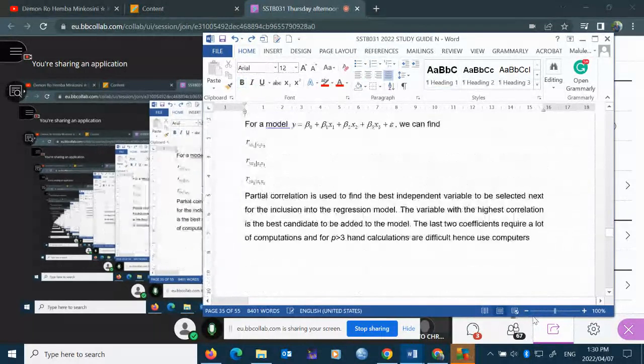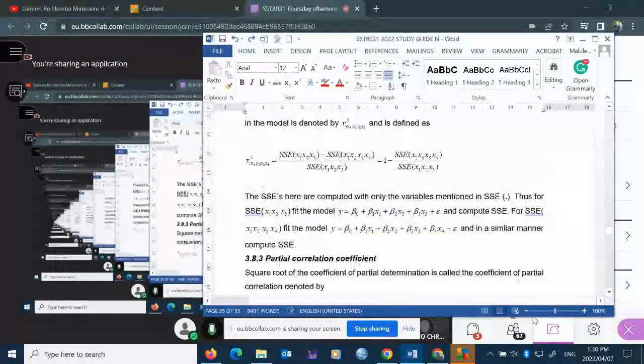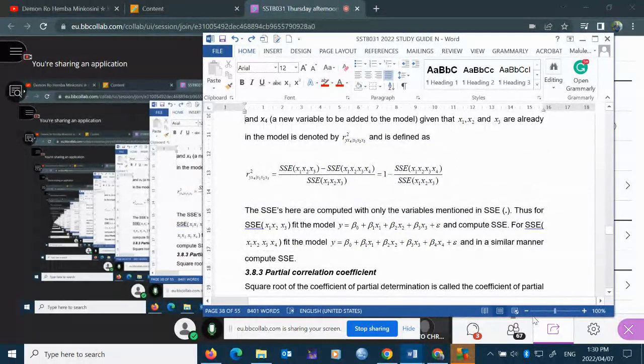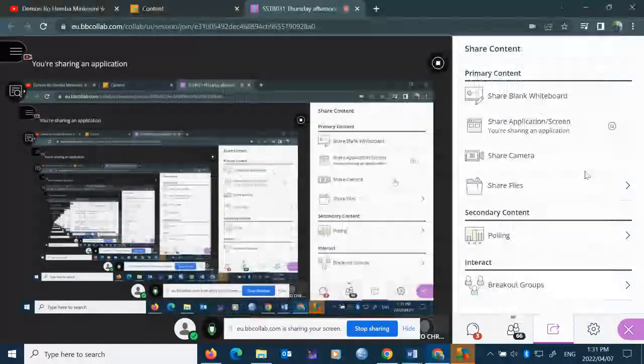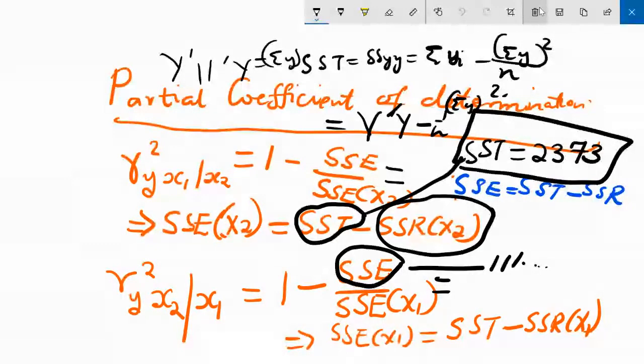You are right, where you can use SSR, but I feel it will end up confusing you, because this we can change to what we are saying, but I suspect at the end of the day it can confuse you. So I cancel this. Let me minimize it and share the screen again, because let me write the equation again.